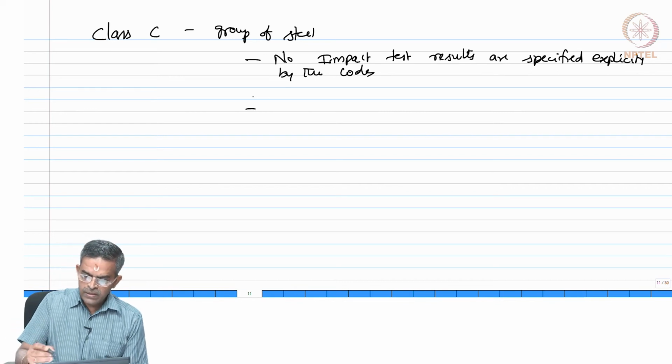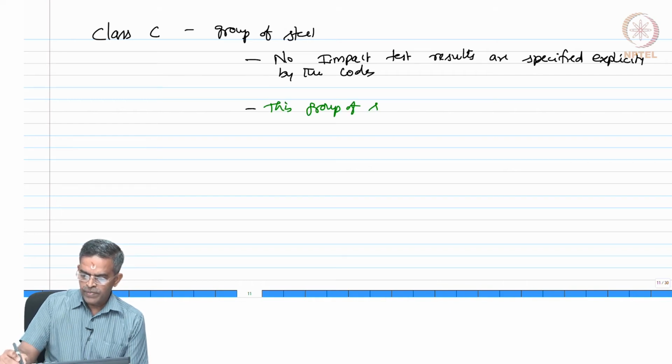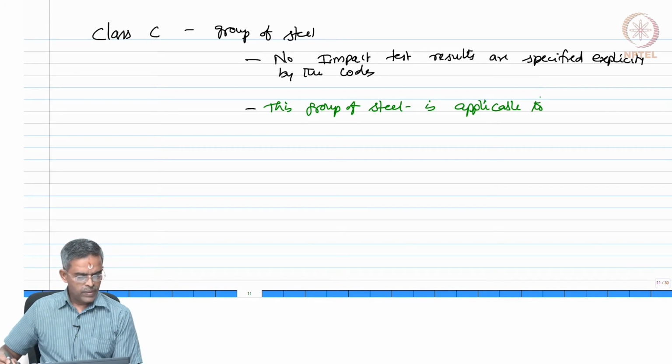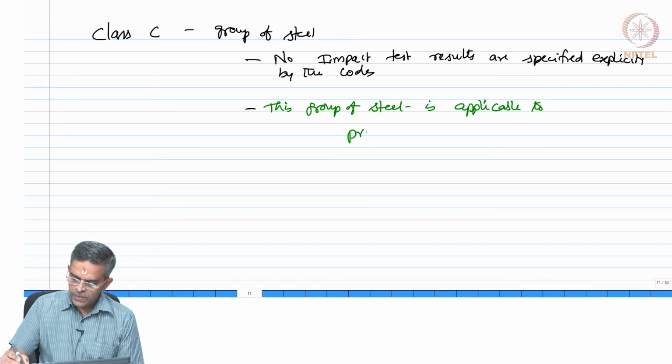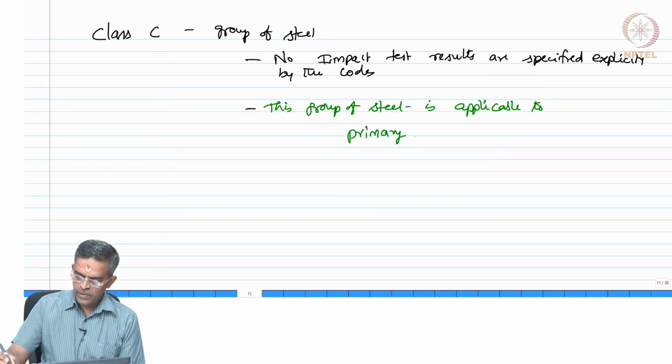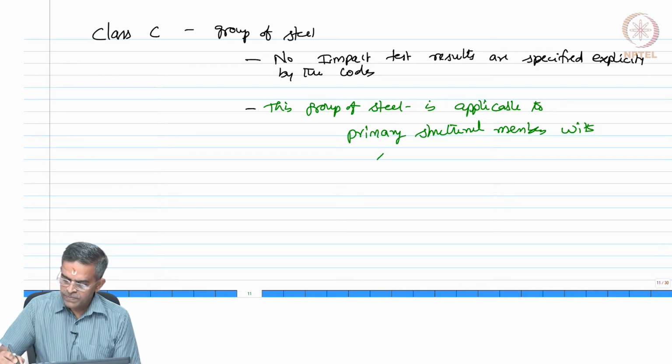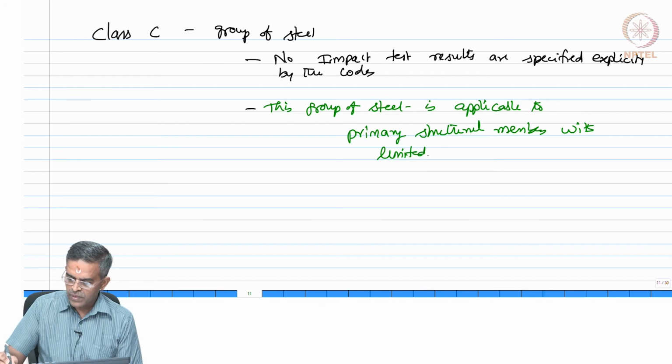Now, where do we apply this? This group of steel is applicable to primary structural members with limited thickness. That is very important here.